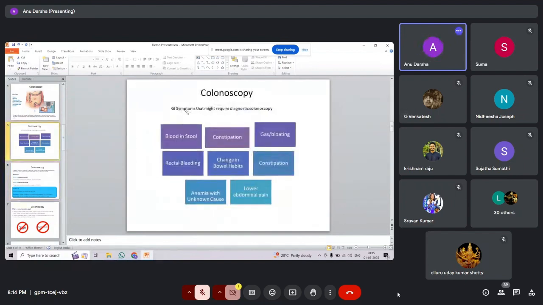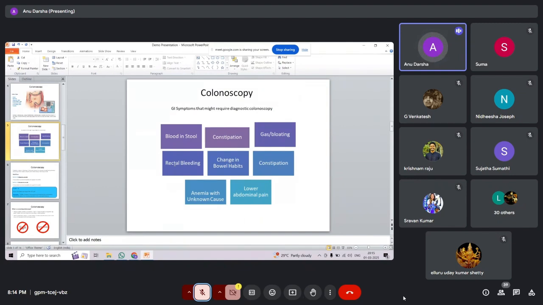We'll see that. Before going into that, these are the basic common signs and symptoms for which they will be performing the colonoscopy. Okay, so blood in stool, constipation, bloating, rectal bleeding, change in bowel habits.